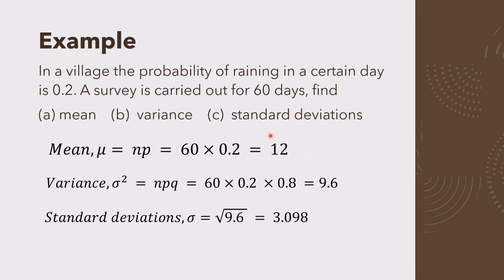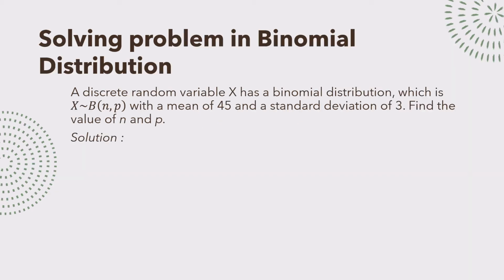Around 12 days will be raining. So in a binomial distribution, the mean is np and the standard deviation is the square root of npq. There are many different ways to solve a problem.